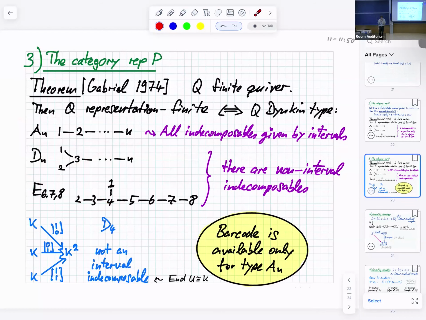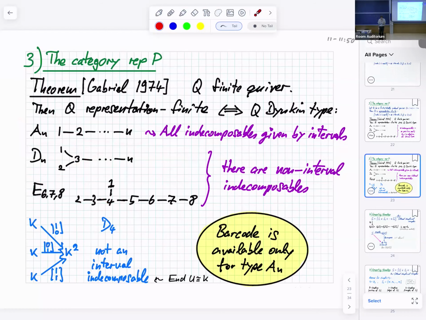So we are kind of lucky that the beautiful barcode description, which appears naturally in TDA and which is linked to the study of the totally ordered poset, is exactly the case of type AN, where every module is given by an interval. For every other poset, we are in trouble. For every other poset, there is no such nice description. There's no barcode available. So that's kind of what I was trying to say here.